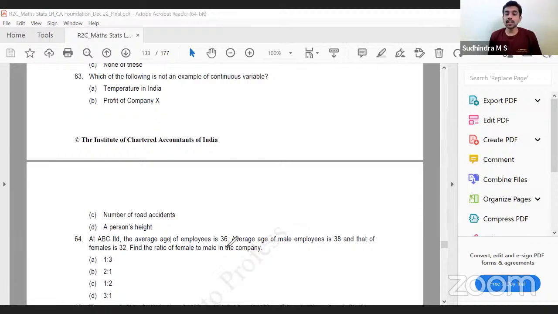Average age of the employees is 36, so I can consider it as combined. Average age of male employees is 38. If I say there are X male employees, then female employees are 1 minus X, with age 32.